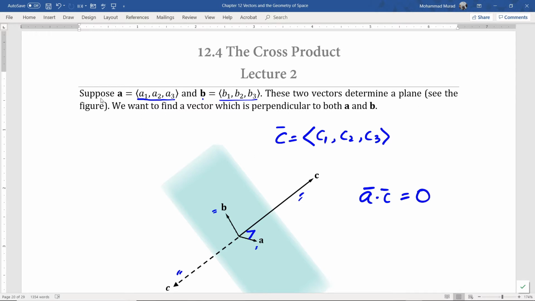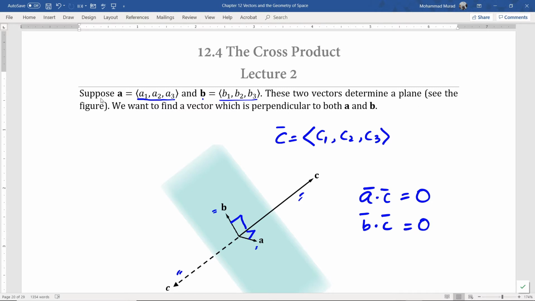Similarly, since the vector is perpendicular to the vector B, it should also satisfy this equation: B dot C equals scalar 0.